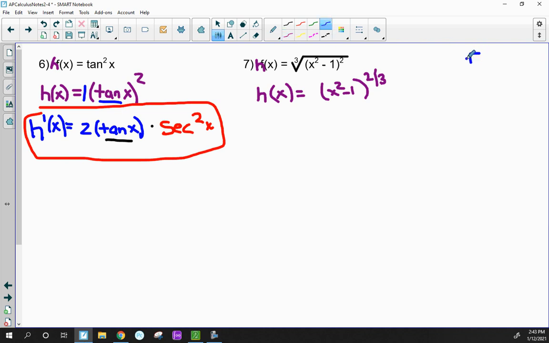Just look at that for a second and see if you can see the outside rule and inside rule.